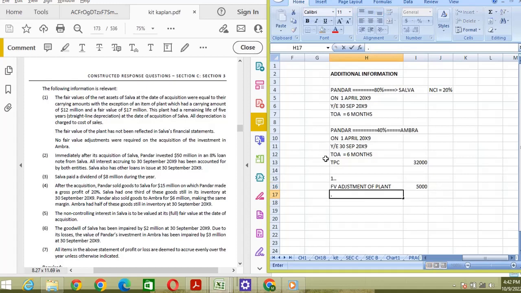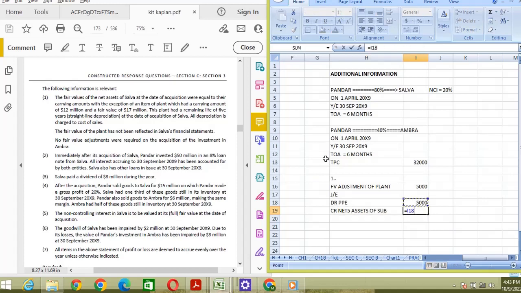So 5,000 is the excess which we have to record. The journal entry is debit PPE: we just add this amount of 5,000 to property, plant and equipment, and we will also add it to the net assets, both at acquisition and reporting date, when we calculate the working. So credit net assets of subsidiary.